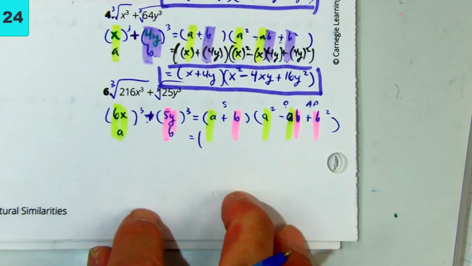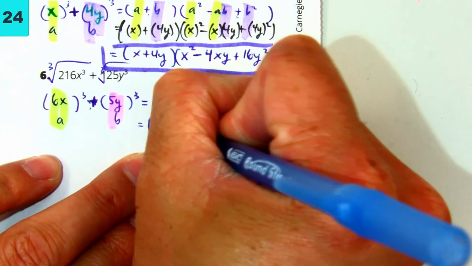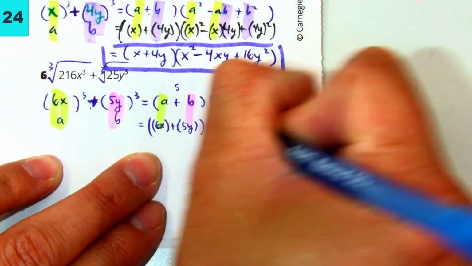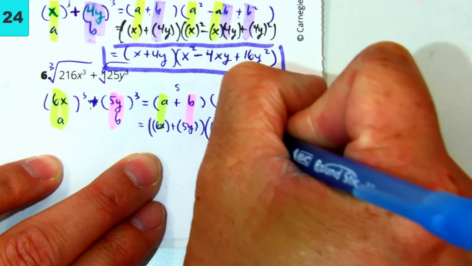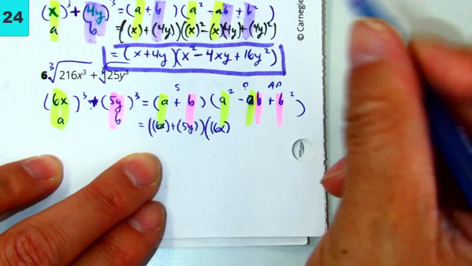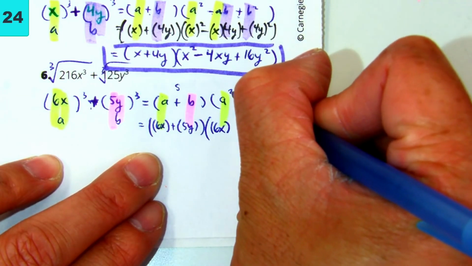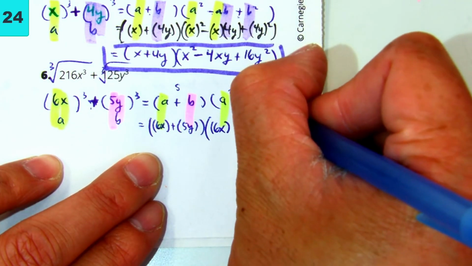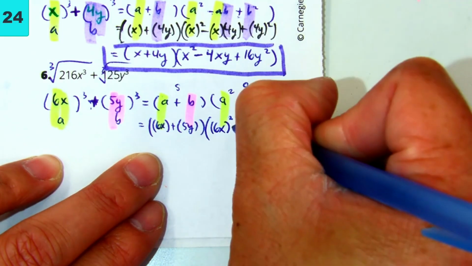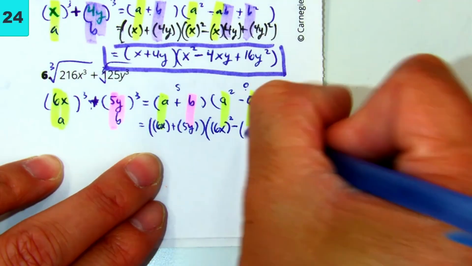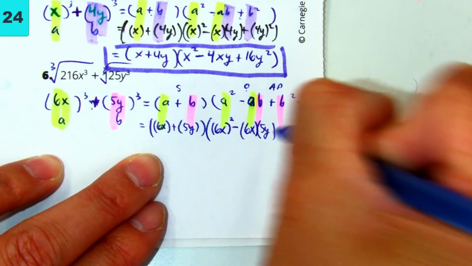It's 6x plus 5y, plus parentheses 6x minus, well, this, you're also going to have it what? Minus 6x and 5y, plus 5y.